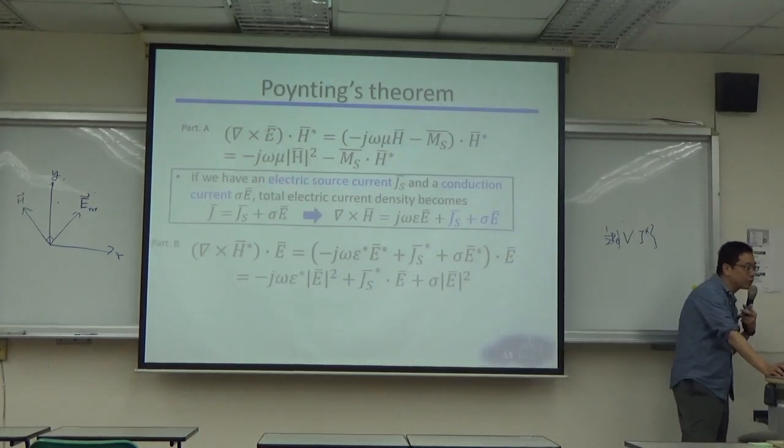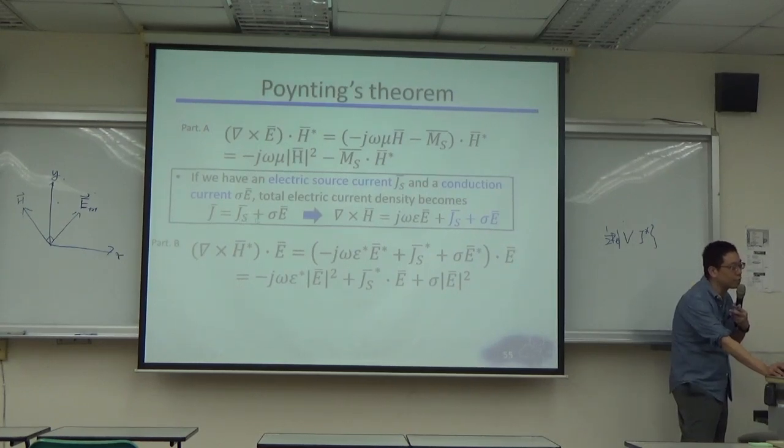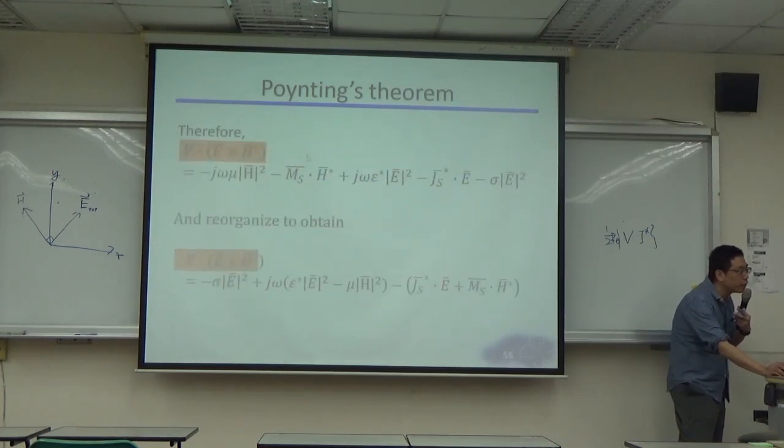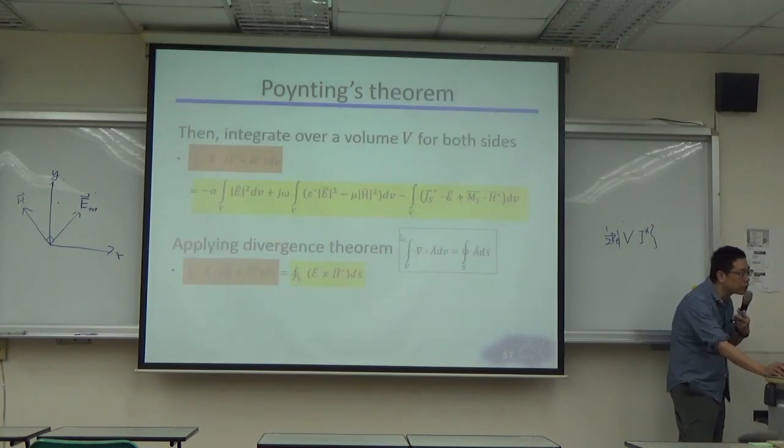I call this part A and this part B. For part A, you put J equal to Js plus sigma E. Therefore, your result will become part A and part B. Then we reorganize, take an integration over the total volume, and use the divergence theorem we applied before.